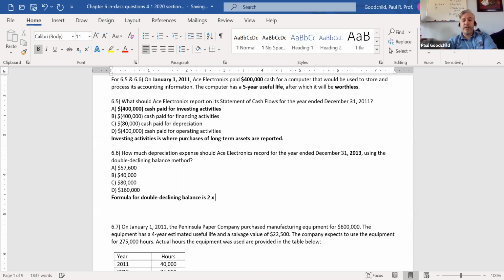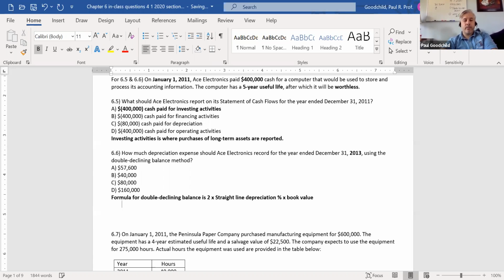Two times the straight line depreciation percentage times the book value. And I kind of threw in the straight line depreciation percentage, but I didn't really talk about how to calculate it.